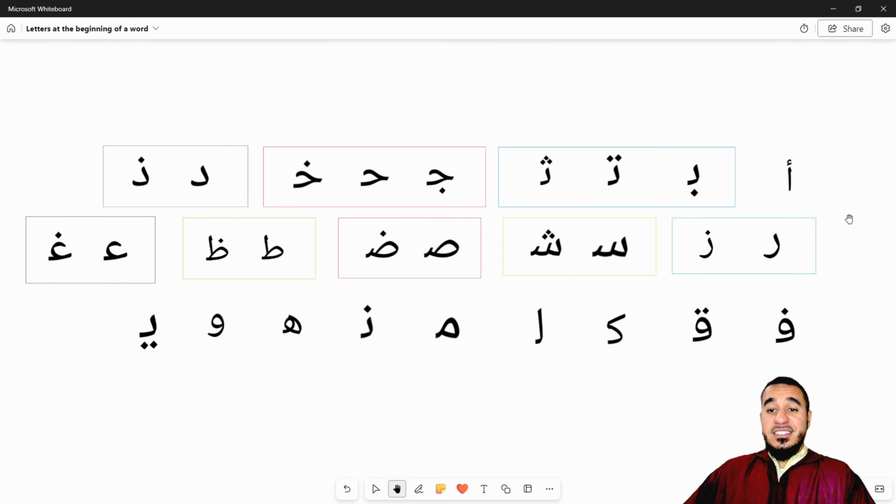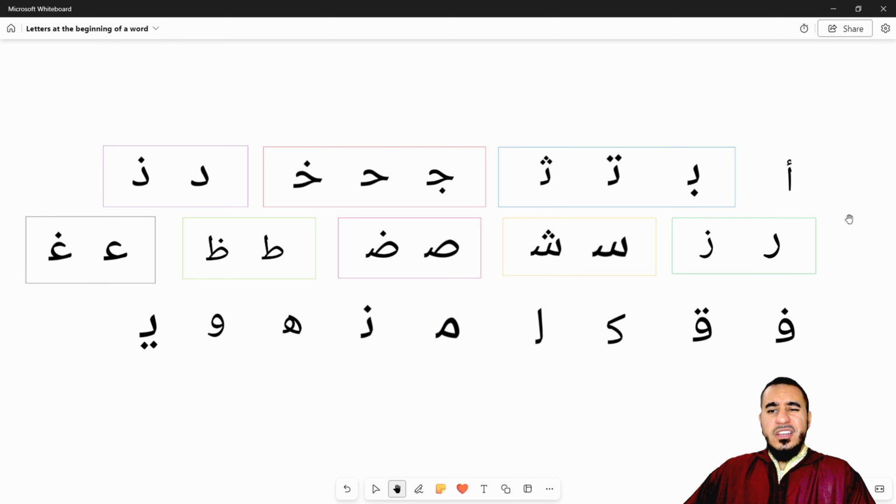In today's class, we're going to look at how the letters in Arabic appear when they are the first letter in a word, when they are at the start of a word. Previously, we've looked at all of the letters in the Arabic language, how they appear when they're by themselves, the sounds that each of those letters make, and also how those sounds slightly change depending on the harakat that go with those letters.